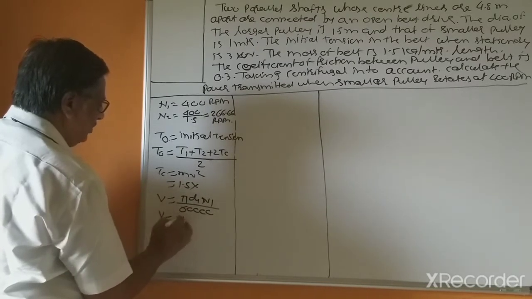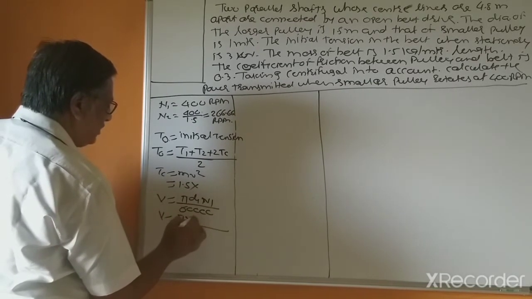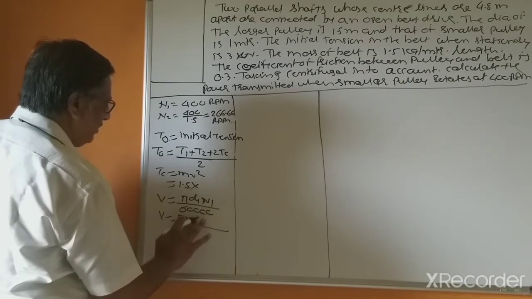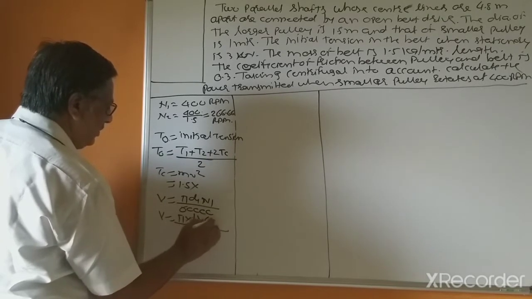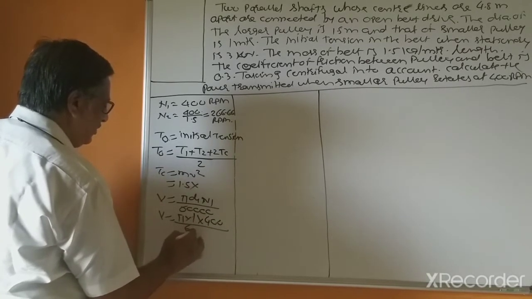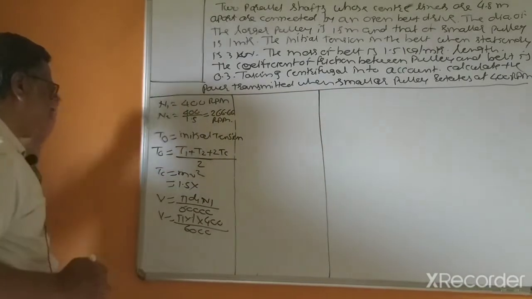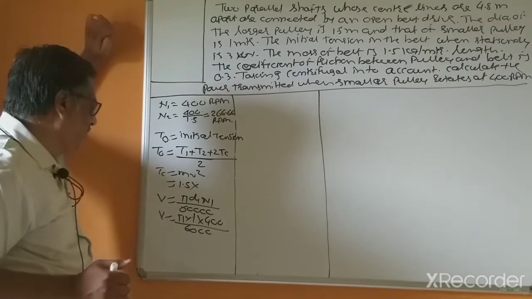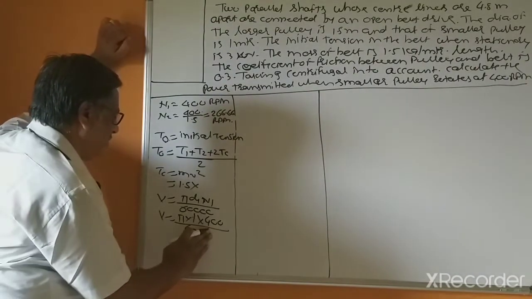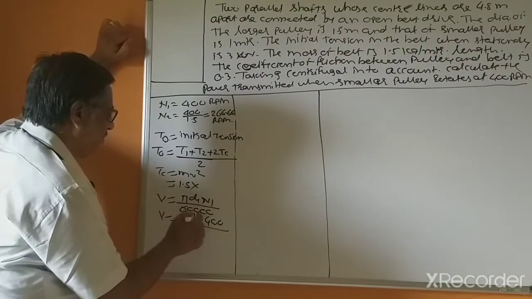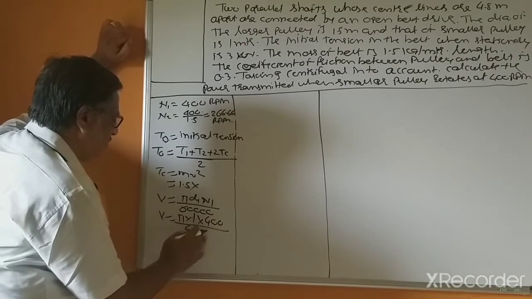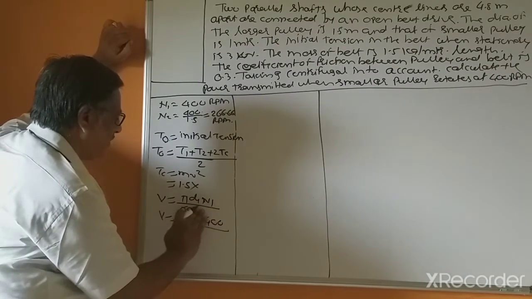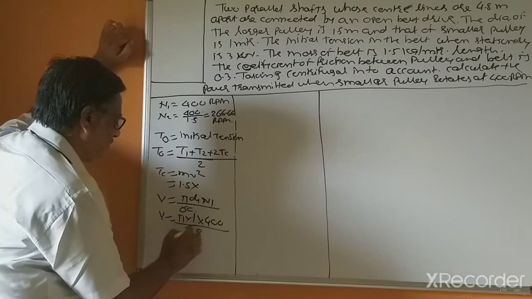So v equal to pi into diameter, this is 1 meter, multiplied by 400. Because we are considering meters, no necessity to divide by 60,000, only 60.